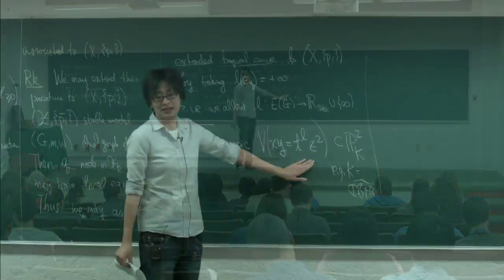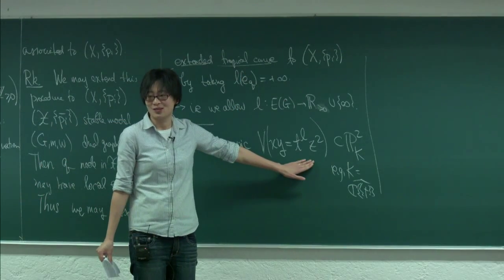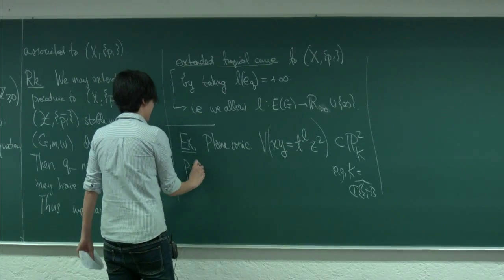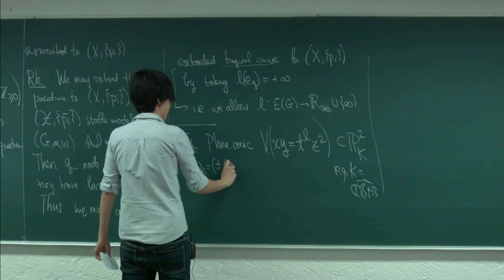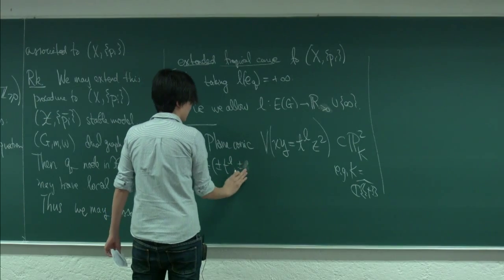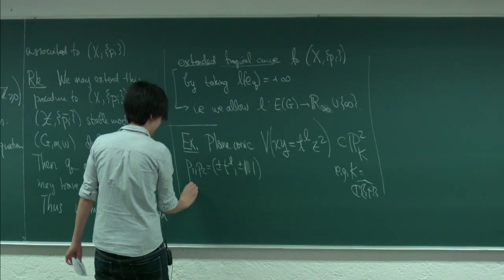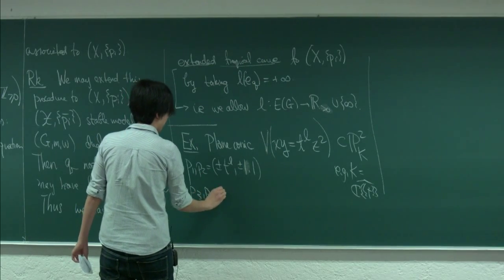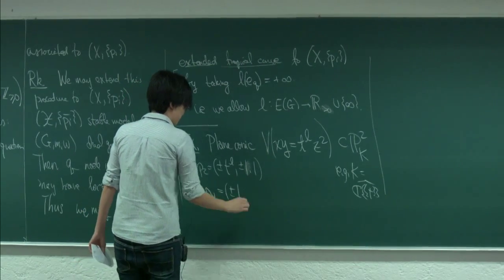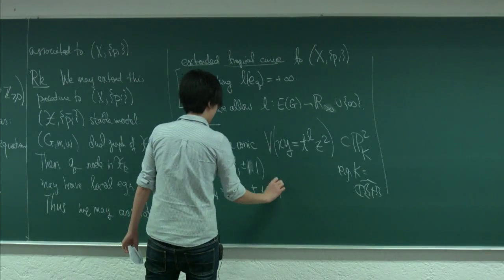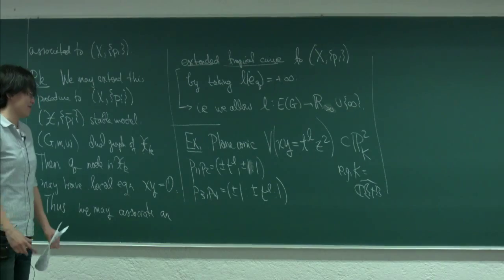So this is, of course, a rational curve in the plane. So let me make this stable by adjoining, in fact, 4 points. I'll take P1 and P2 to be (t to the L, 1, 1) and (minus t to the L, minus 1, 1), and similarly P3 and P4, (plus or minus 1, plus or minus t to the L, 1). So hopefully these points, in fact, lie on the conic.